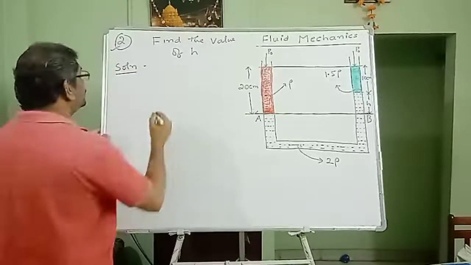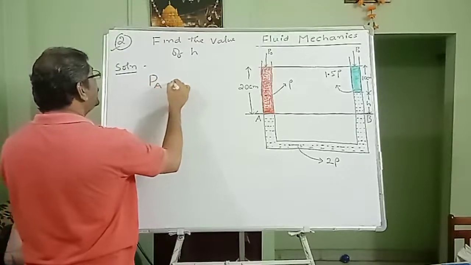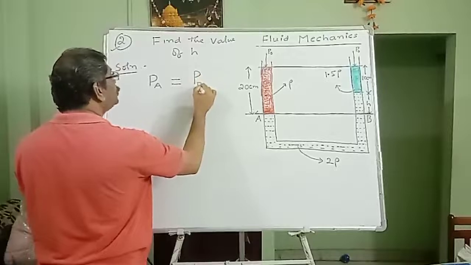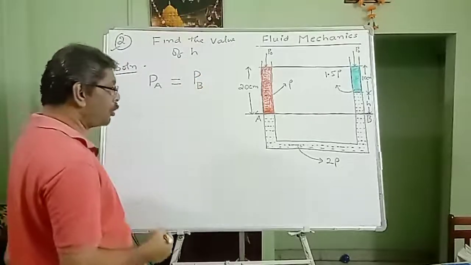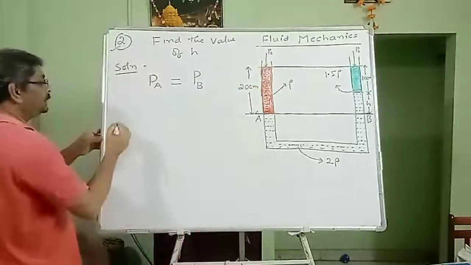So I can say, total pressure at point A will be numerically equal to the total pressure at point B. So what is the total pressure at point A?